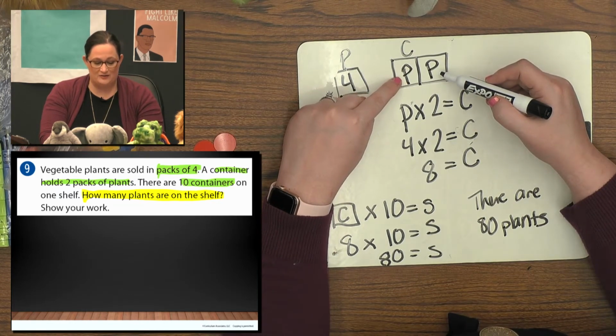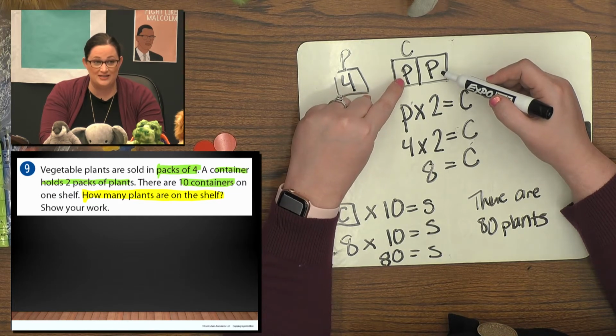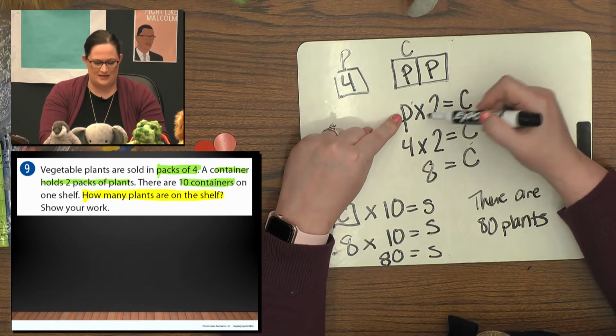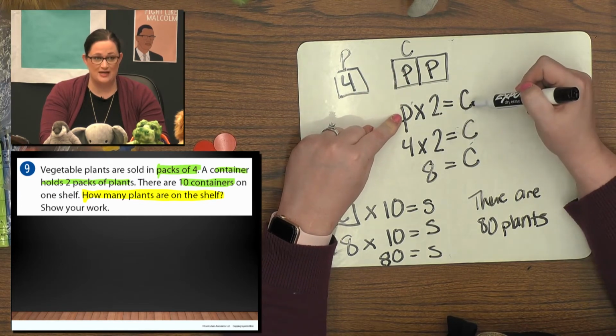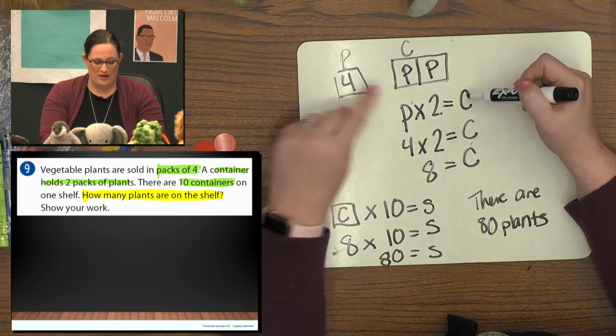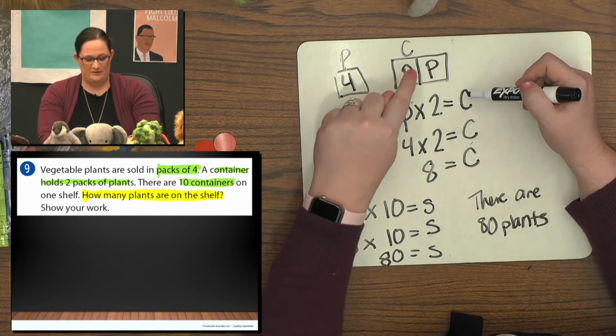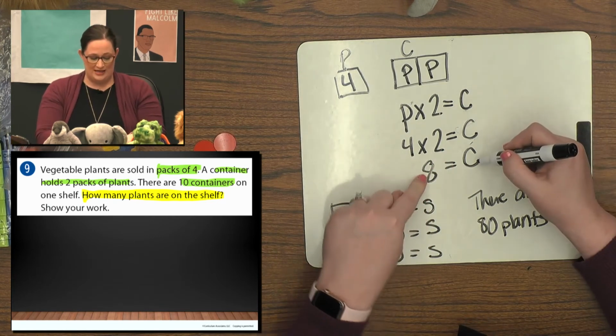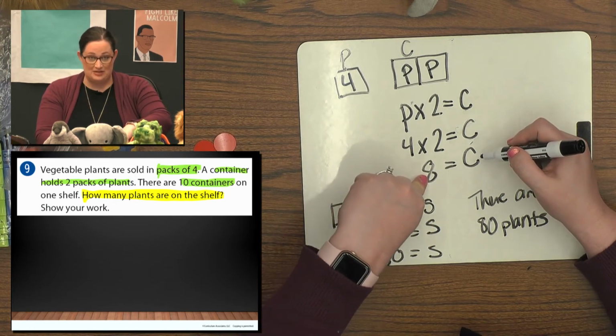So I need to figure out how many plants are in the container first. And I know that there's 2 packs. So a pack times 2 equals the container. Well, if one pack is 4, that's going to be 4 and 4, or 4 times 2, which equals 8. So one container holds 8 plants.